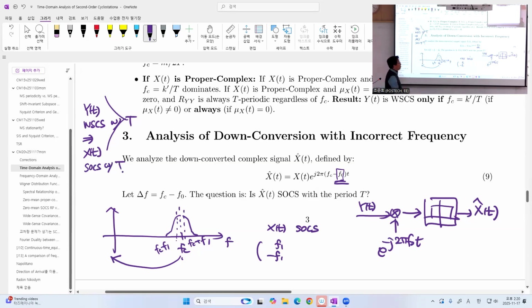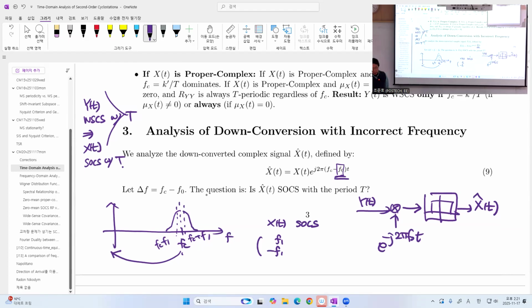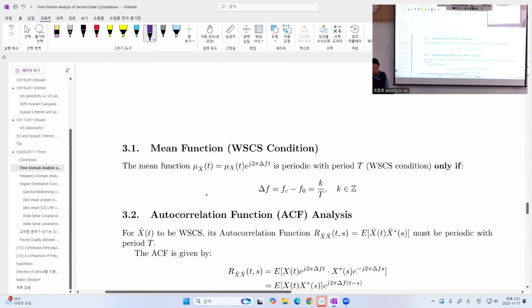So it's a kind of if and only if condition. So what about this case? And here, let's assume x is second order cyclostationary.